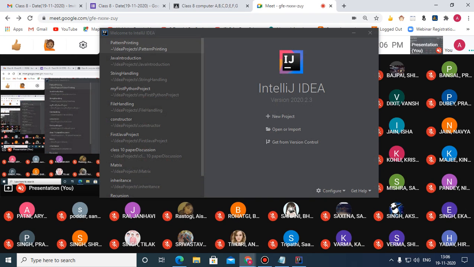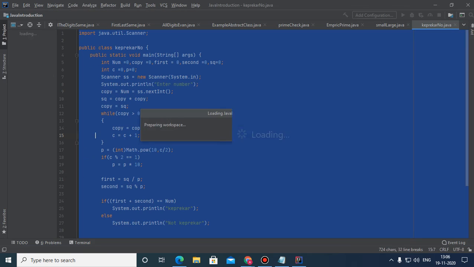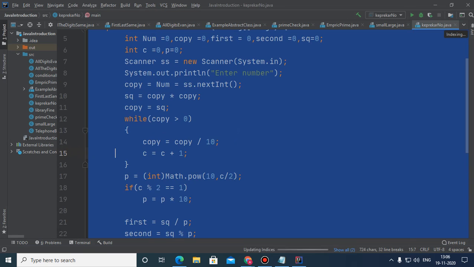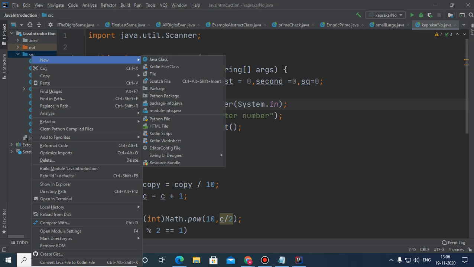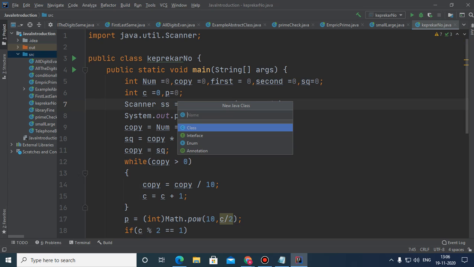Okay, now, last time you all have studied what is menu driven, right? Children, menu driven, right or not? Okay, so today we are going to do one more menu driven question.